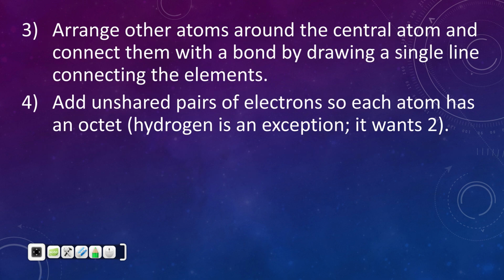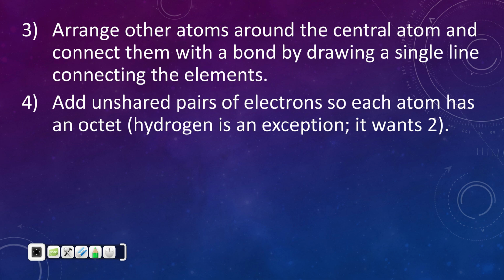Next, you're going to arrange the other atoms around the central atom, and connect each one with a bond, because we know they're all going to connect. So we're going to have a central atom, and then all the other atoms are going to connect to that central atom. Then you add in any unshared pairs of electrons by drawing in additional dots, and you'll see this all in a moment. So each atom will have a full octet.